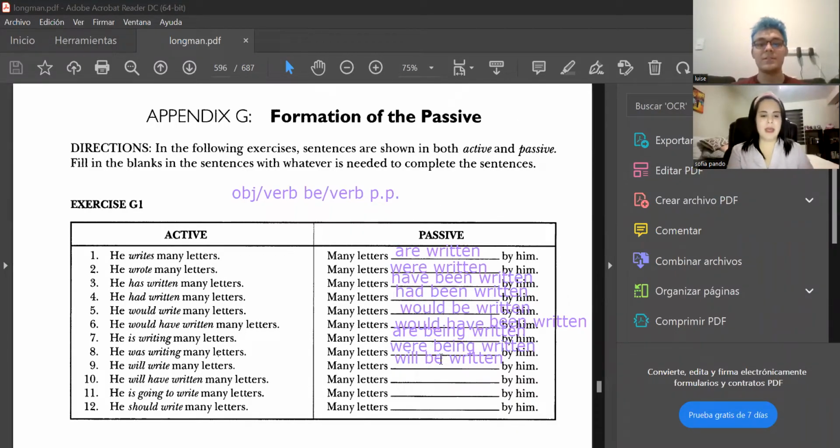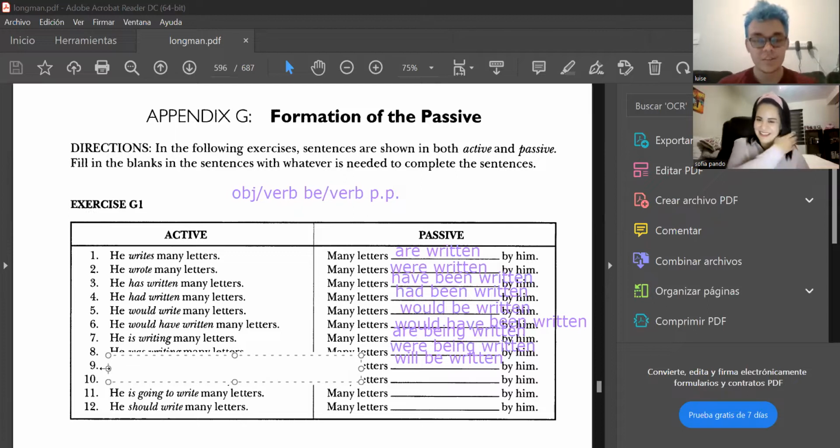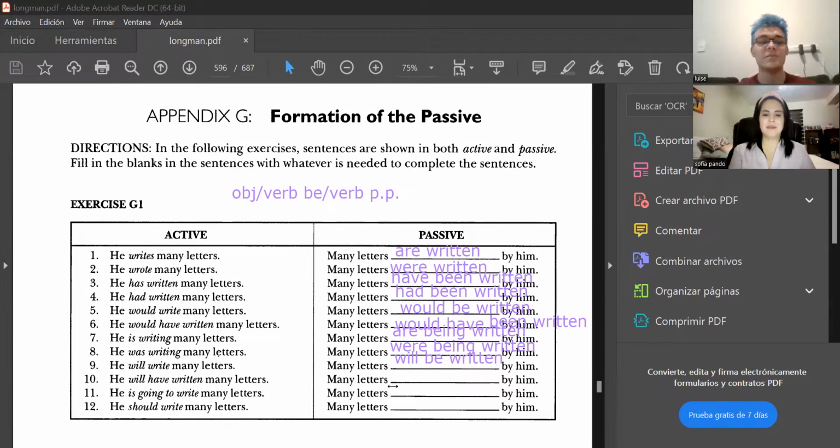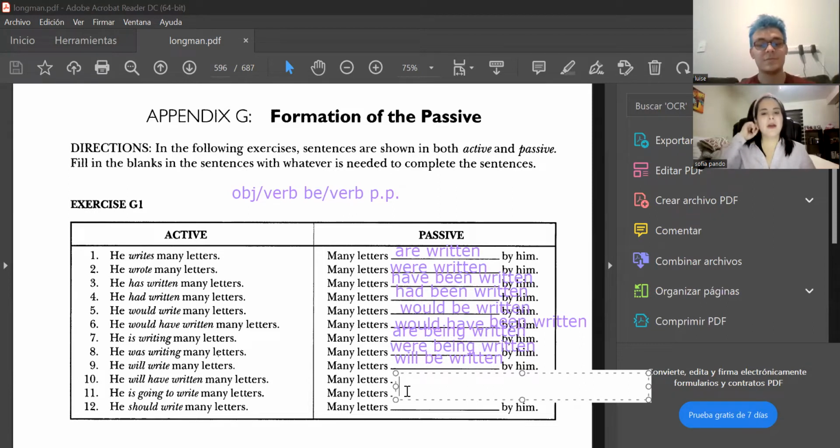Okay, my man. So now we're just going to skip the next one since we have already expressed it with would. But now we continue with is going to, which is also which tense? Going to, which tense is it? It's also future, right? Yes, man. There you go. So how do you think we can use is going to for a passive voice sentence?